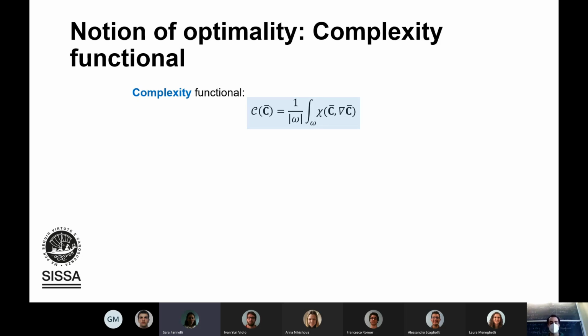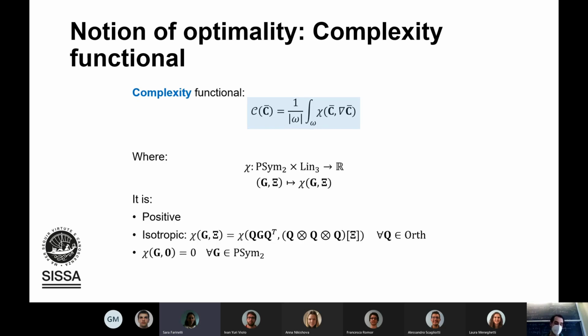For the moment, we leave this complexity function unspecified. We just assume that it is non-negative, and isotropic, which means that if I rotate the target metric, then the density doesn't change. So there is no preferential direction; the complexity doesn't feel a preferential direction of activity.